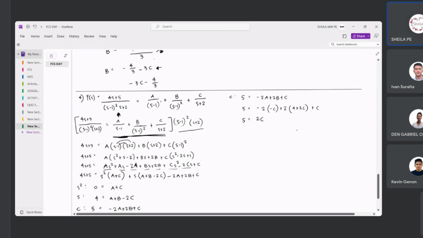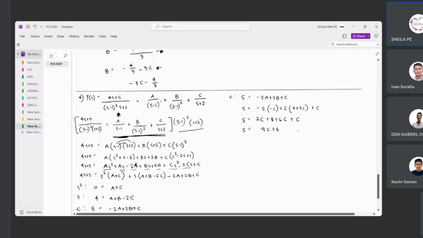Negative 2 times negative C, that's 2C plus 2 times 4, that's 8. Positive 2 times positive 3C, that's positive 6C plus C. So 5 equals 2C plus 6C plus C. That's 9C plus 8. Okay, 2 plus 6, that's 8 plus 1, that's 9C.